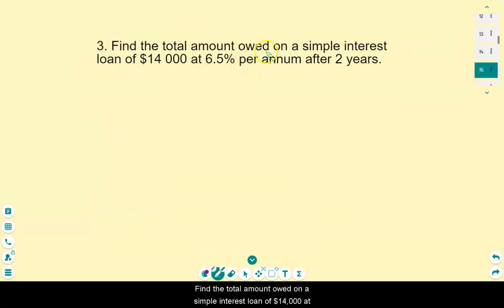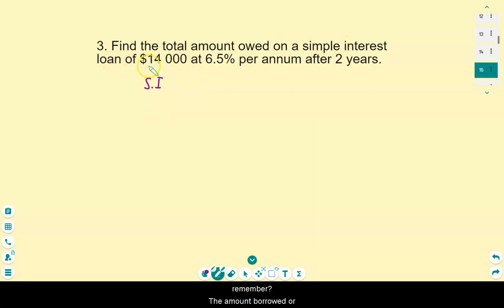Find the total amount owed on a simple interest loan of $14,000 at 6.5% per year after 2 years. Okay. Well, I'm just going to write down what we know first. So I'll say simple interest, SI, loan of $14,000.